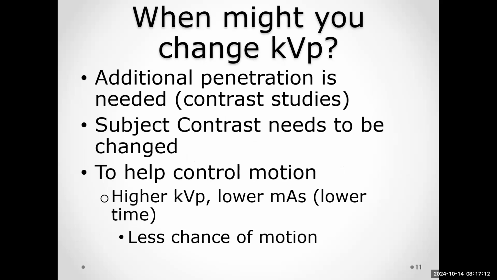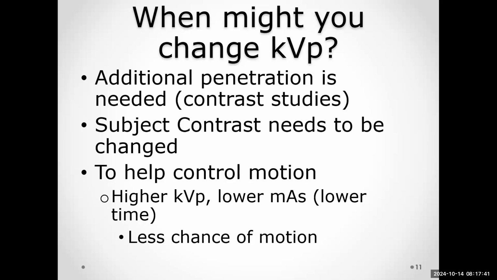Depending on the study, it may be a GI study where we give it to them to drink, or barium enemas where we're looking at the colon, or if we're looking at the kidneys, we would give an intravenous injection to highlight those areas so that you can see them. That would be one time that we might need to increase kVp because we've given the patient some barium to drink.